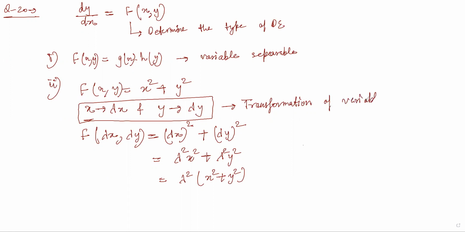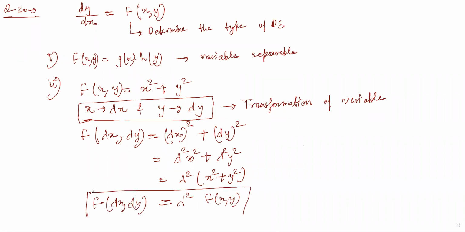If you transform your variable to another linear function, your whole function becomes lambda to the power something into that original function. So you can write it as lambda square into f of x comma y. So if you replace x with lambda x and y with lambda y in some function, and it becomes something of this kind, then this is a homogeneous function.